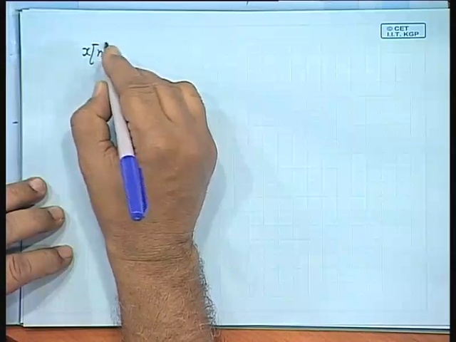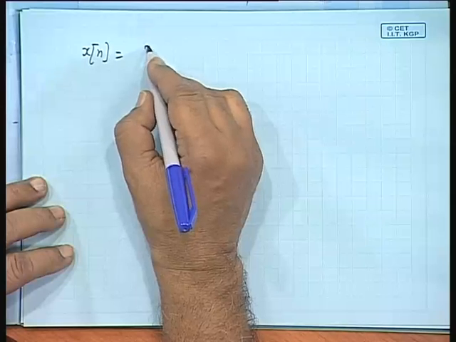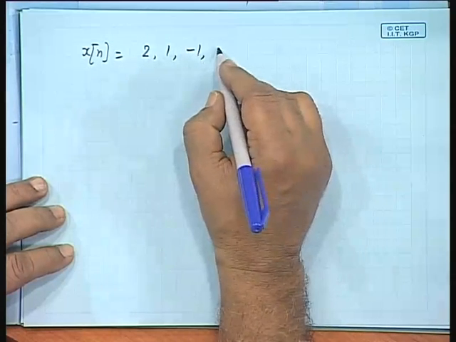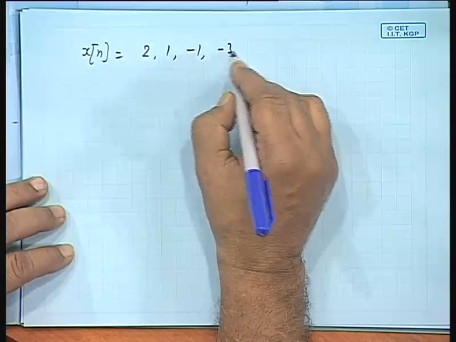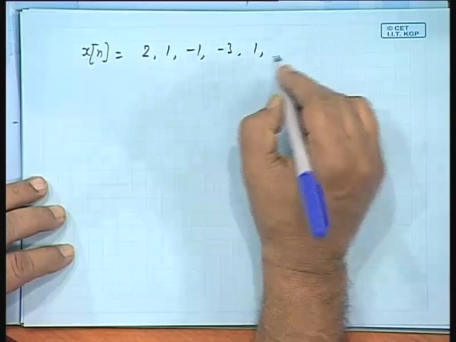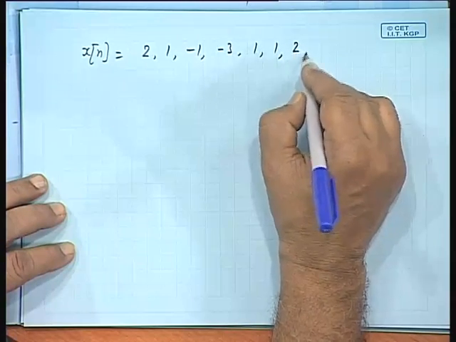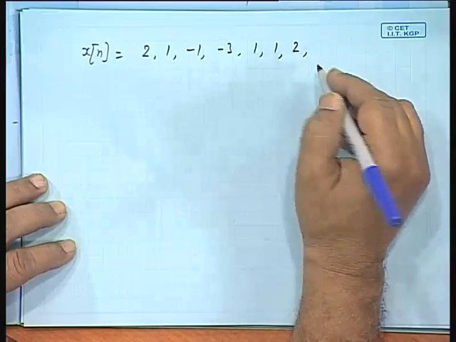Okay. Let us take a sequence x[n] equal to, you suggest a sequence, say 2, 1, minus 1, okay, minus 3, 1, 1, 2, I am taking very simple values 1, 2, 3, 4, 5, 6, 7, okay.